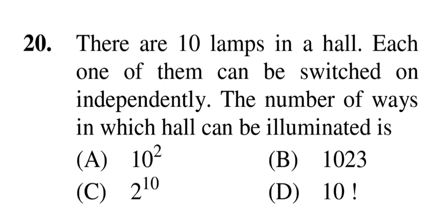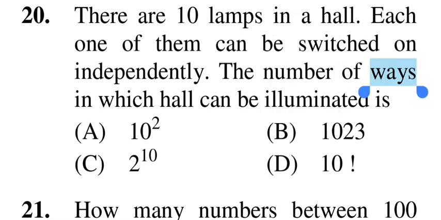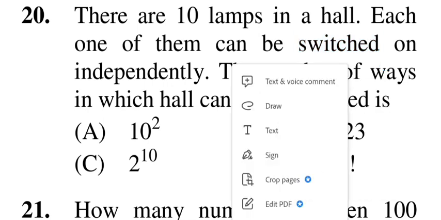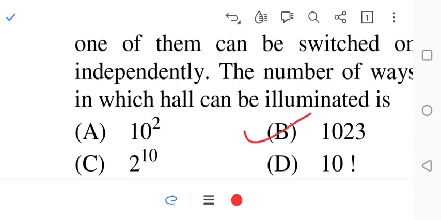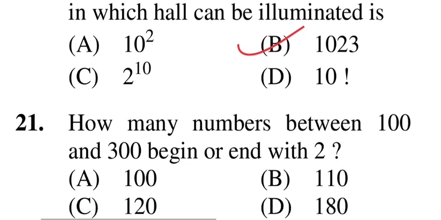The options are 10 squared, 1023, 2^10, and 10 factorial. So the correct option will be... oh sorry, 1023. 1023 is the number of ways in which the hall can be illuminated.